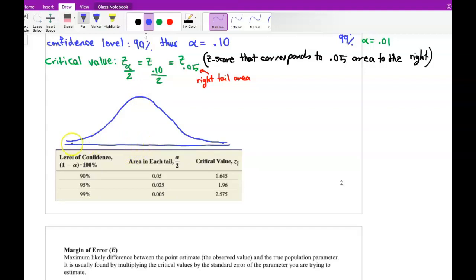Then on the left side we have negative z-score, and on the right side it is positive. Now what I have here is the confidence level is 90%. So here we have 90%.